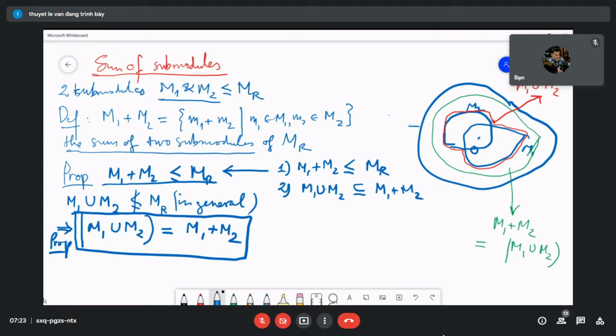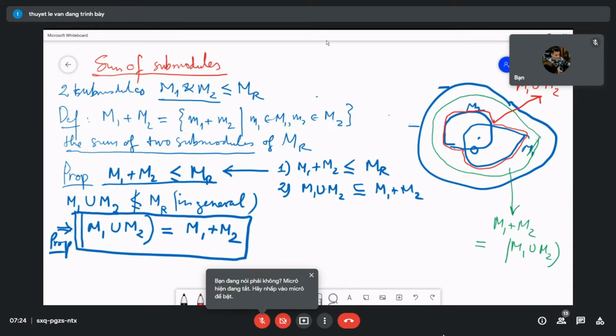I will prove it because you remember the definition of generated. That is the smallest submodule containing S. Okay, you remember, S is equal to the intersection of N, where N is a submodule containing S, and it is the smallest containing S. That is the definition, I don't recall it again.